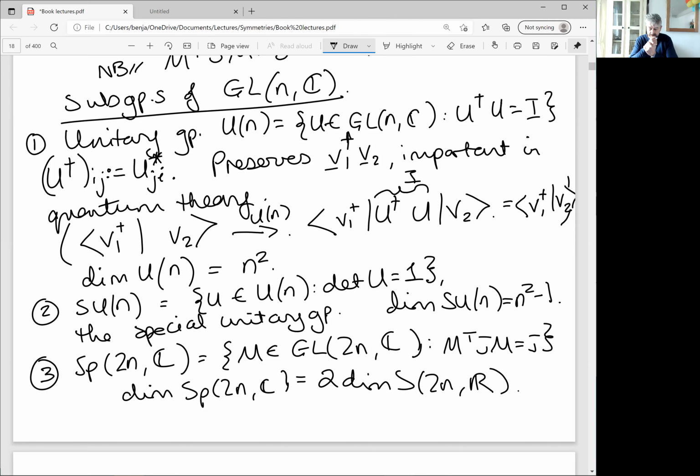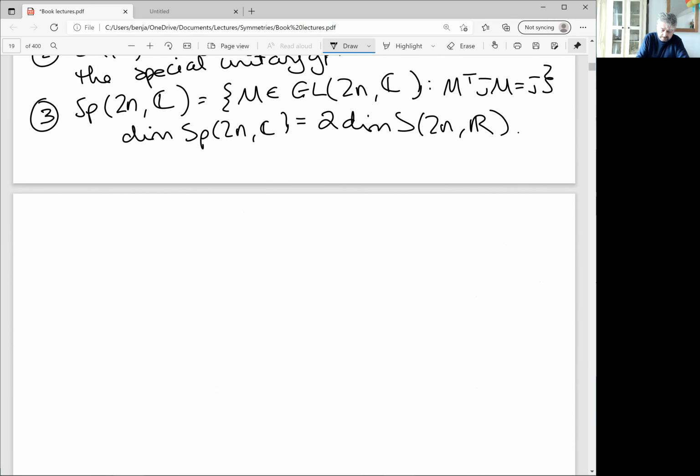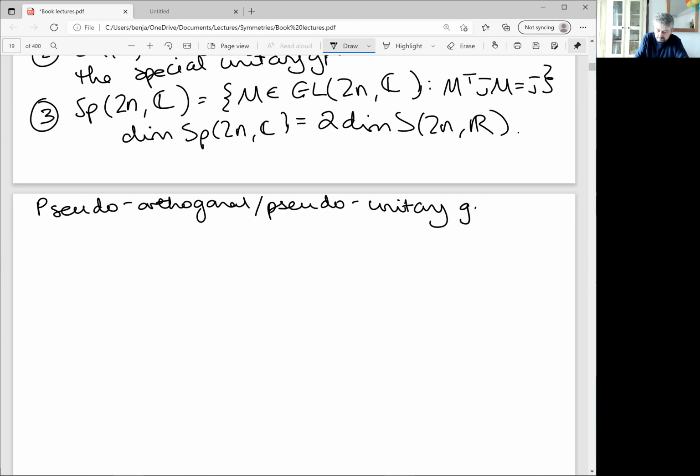Now, there's another set of Lie groups, in fact matrix groups, which are called pseudo-orthogonal and pseudo-unitary groups. These will also be important. So the groups we've seen so far are examples of compact groups.